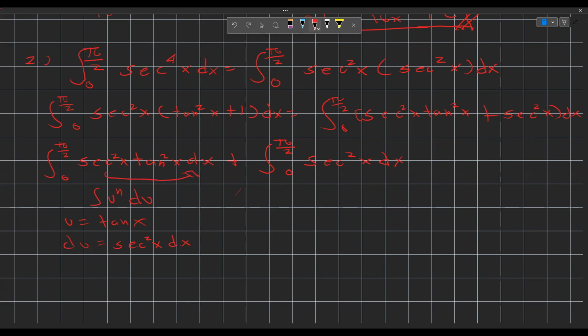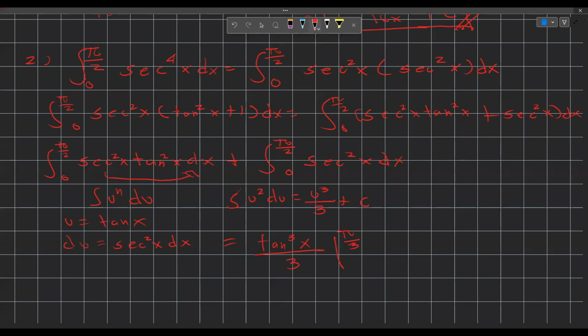Which means that the first term is equal to the integral of u squared du and will now be equal to u cubed over 3 plus c. And now for the first term, we can just substitute the value for u. We won't have the integral sign anymore. Which means this will become tangent cubed x over 3.